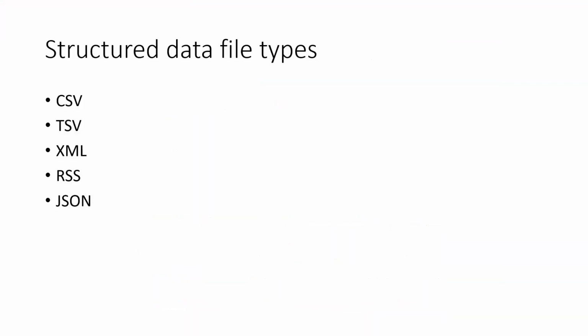After that, XML, Extensible Markup Language, also known as Universal Data Language, is very popular and very frequently used. It is not only easy to understand by humans, but also very easy to understand by machines as well.